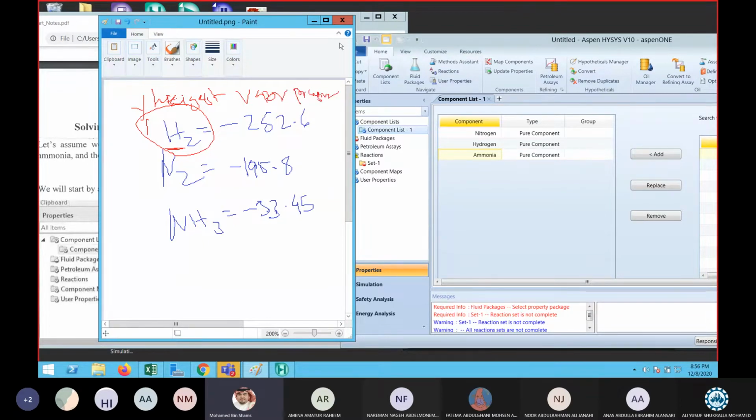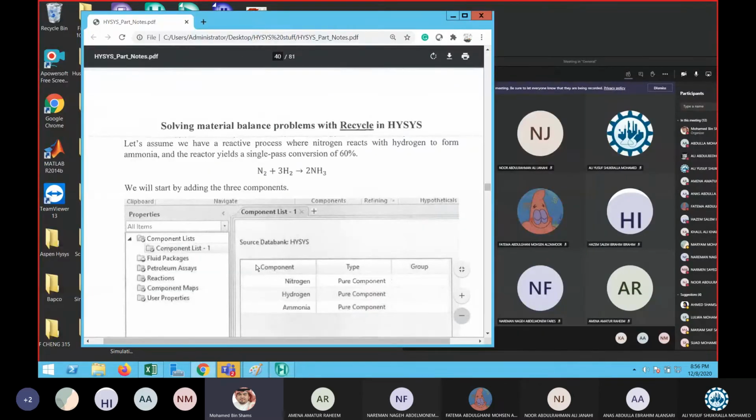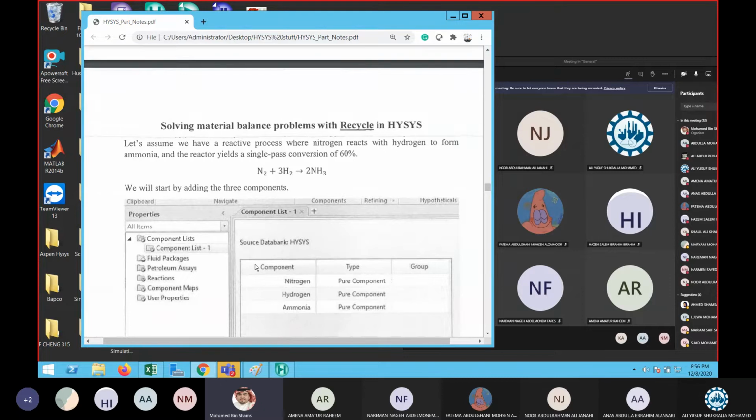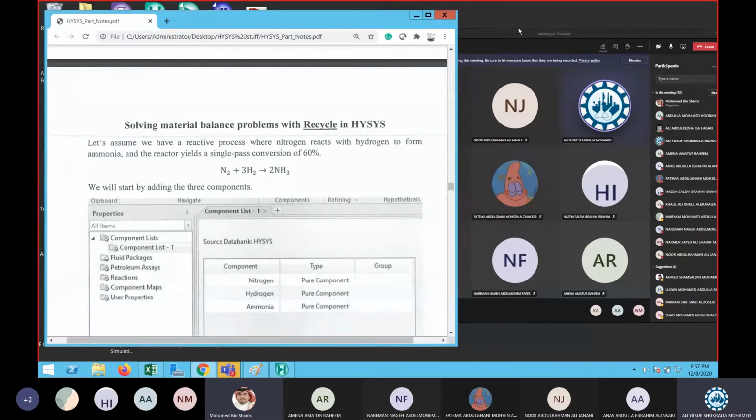It is the one that boils fastest. When it has high vapor pressure, it can overcome the atmospheric pressure and vaporize, because it is the lightest. So it has the lowest boiling point and the highest vapor pressure. Do you agree with me, guys, or do you not like what I say? I'm democratic. Agree? Okay.